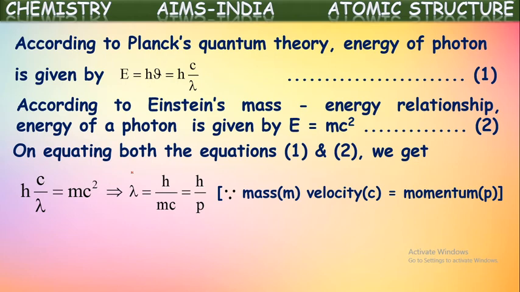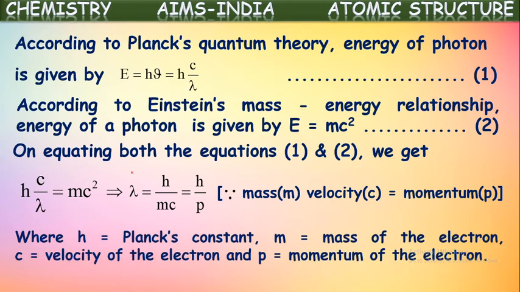Here h is Planck's constant, m is the mass of the electron, c is the velocity of the electron, and p represents the momentum of the electron.